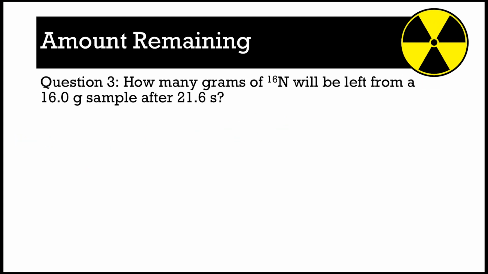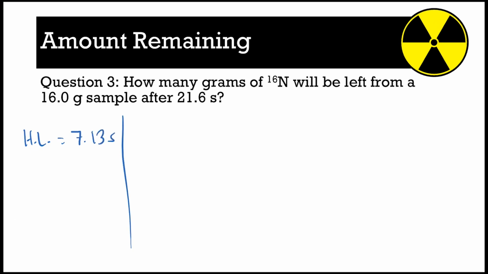Okay, the next set of questions is talking about the amount remaining. So how much stuff did not decay? This one says, how many grams of nitrogen-16 will be left from a 16 gram sample after 21.6 seconds? Again, our first step is to find the half-life on Table N, and it is 7.13 seconds.